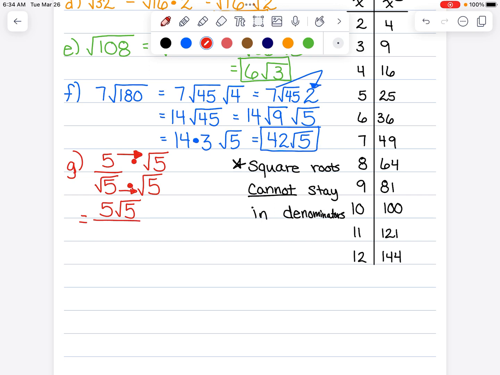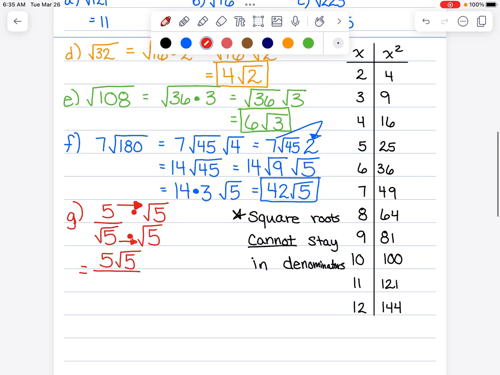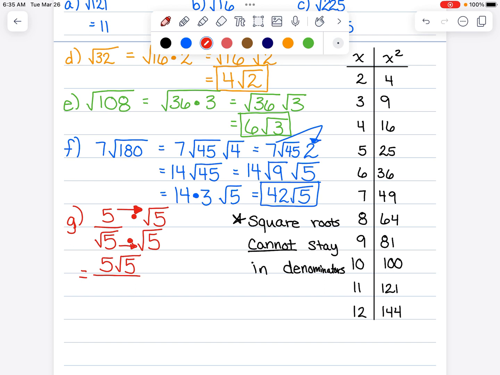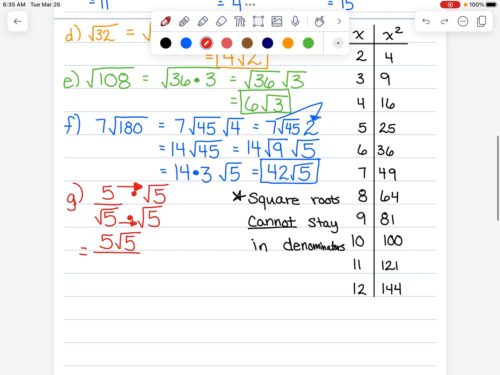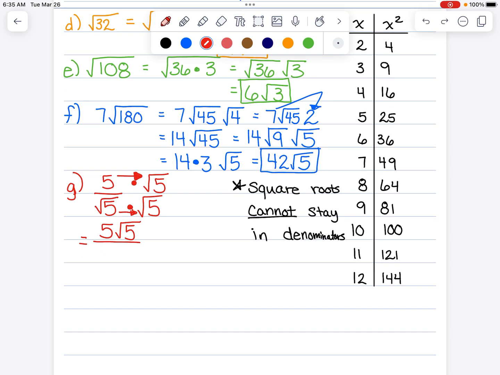Square roots do multiply together. Just like we can take a square root that is things multiplied together and change it into separate square roots like we did up here, we can do the opposite as well. We can take two things that are in square roots and multiply them together. 5 times 5 is 25.